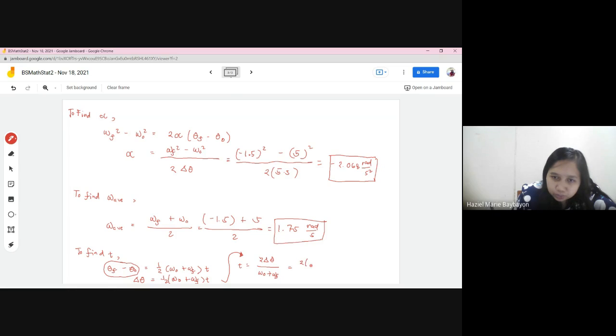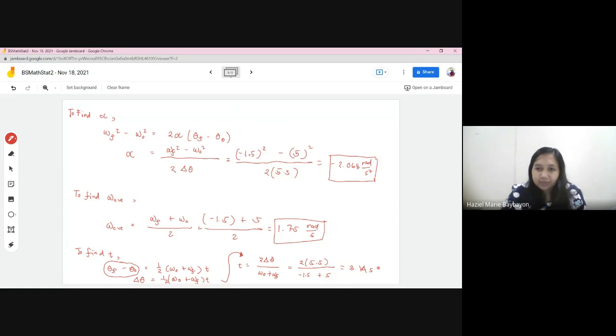So we have 2 times 5.5 radians divided by 3.5, negative 1.5 plus 5. So this is 11 divided by 3.5, which is approximately 3.14 seconds.